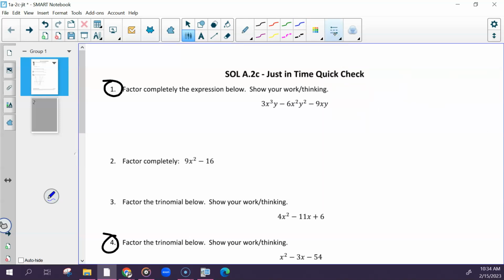So for number 1, as always, start looking for a GCF. Does this have a GCF? 3. Is it the only thing we can divide out? XY. So if we're dividing each of these by 3xy, what's left?